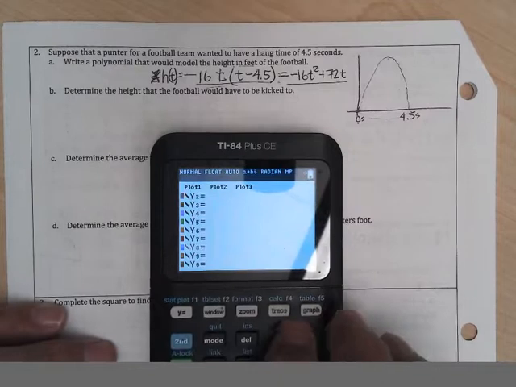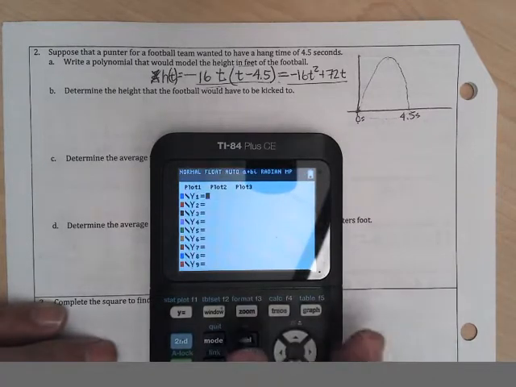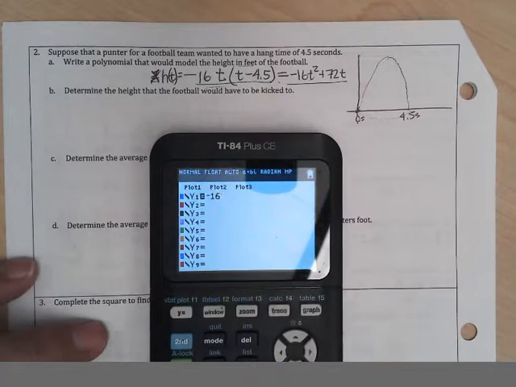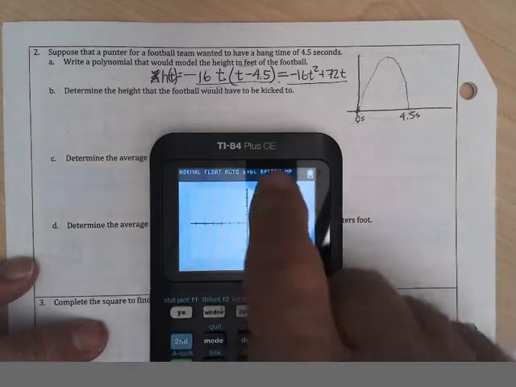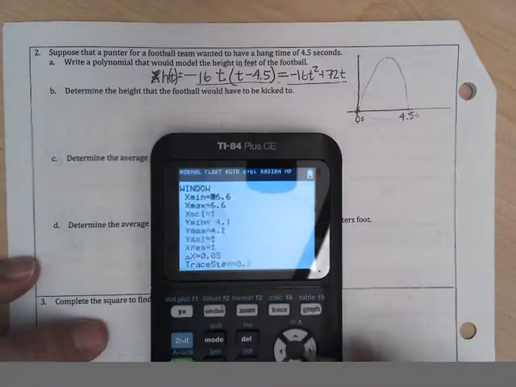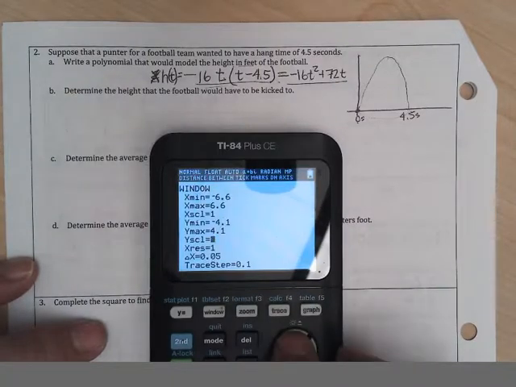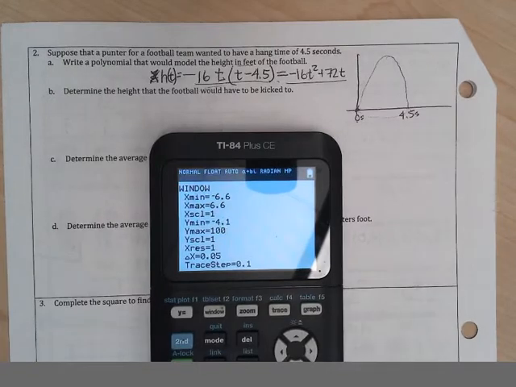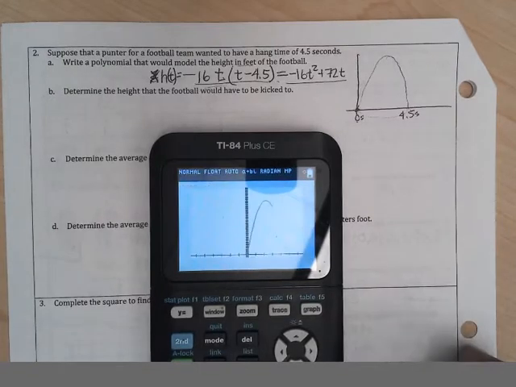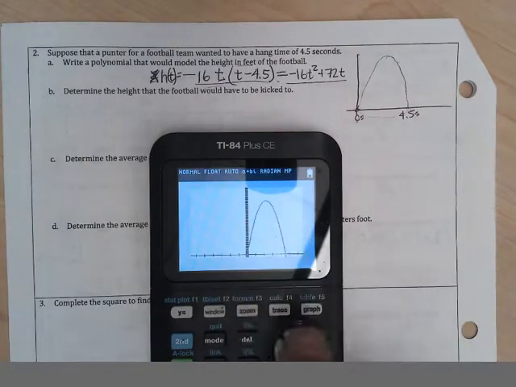I'll type the equation in, negative 16x parenthesis x minus 4.5, close parenthesis, and graph. And it went up and came down, and it's up higher there. In the window, I can look at it by making my max much higher, like maybe 100. And there it goes up and down, and there's my maximum.